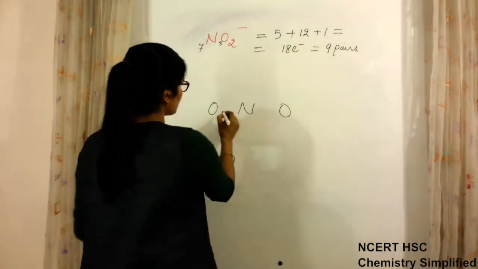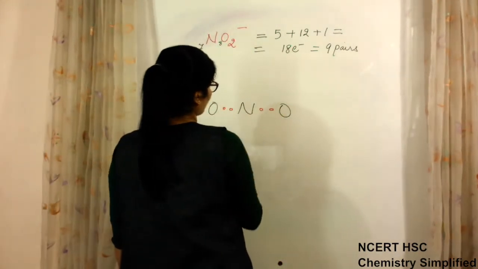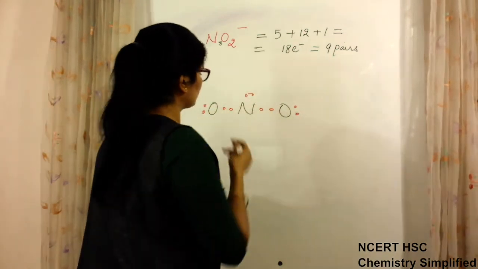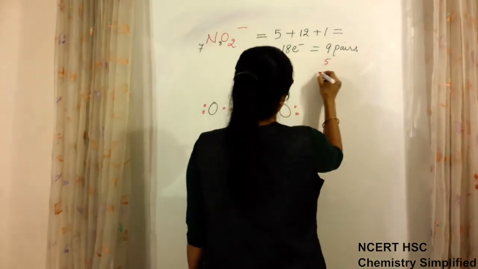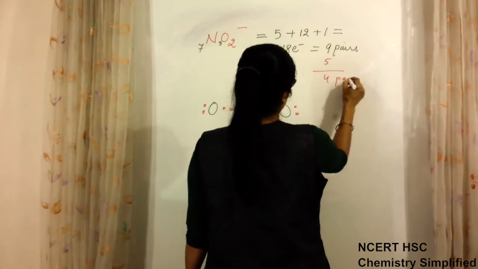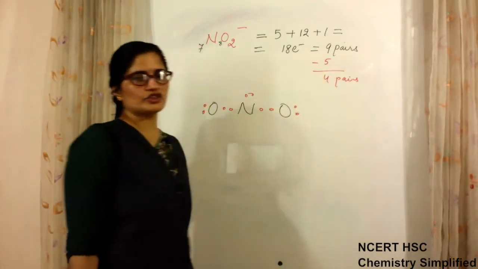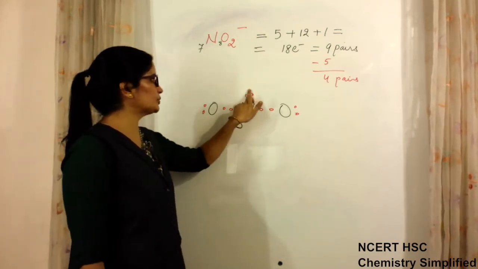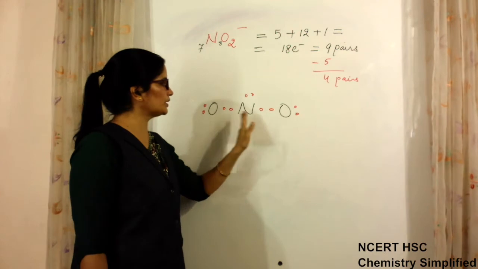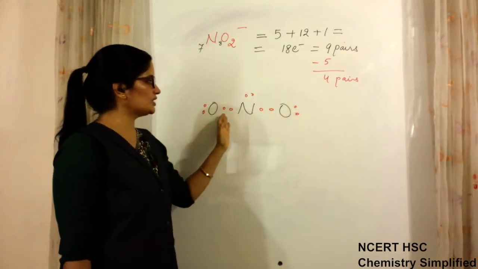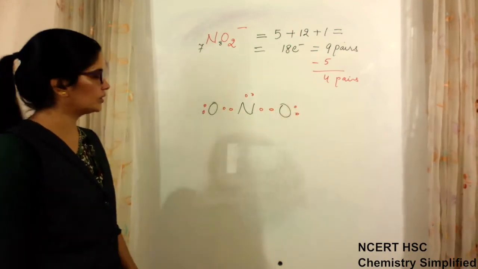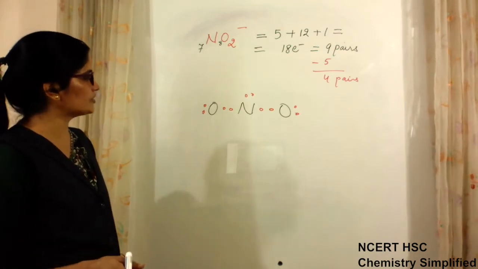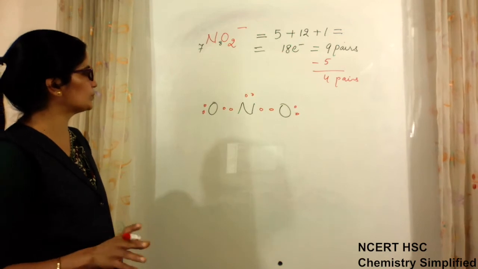Out of 9 pairs, 1, 2, 3, 4, 5. Four pairs are left now after distribution of 5 pairs. So very first thing we'll do is this only, that distribute each one lone pair to each and one bond pair to all which are available. Now 4 pairs are left and we have to complete octet of each one.